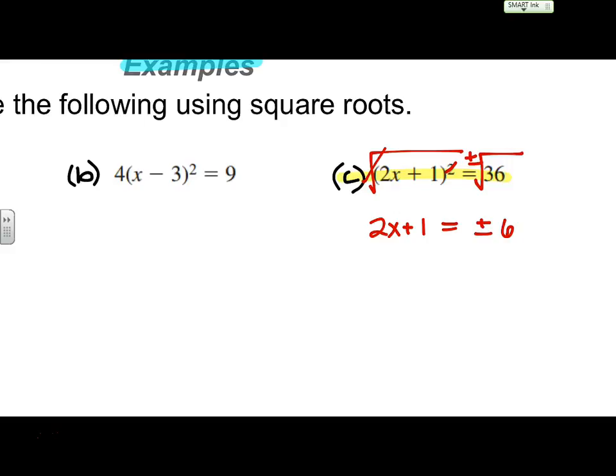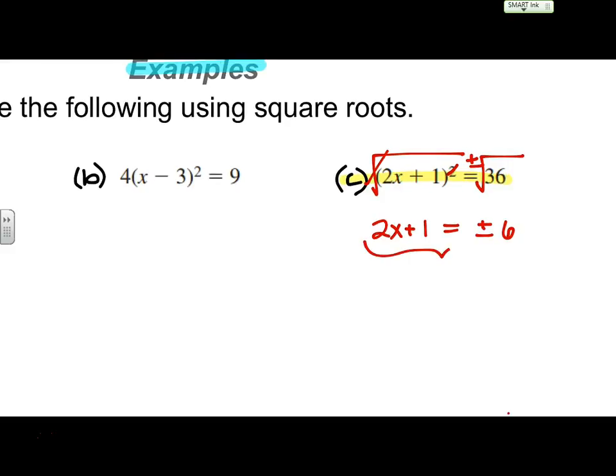Now, how many equations do I need? 2. Okay. So I'm going to go ahead and split this up into 2 equations because I can't deal with 2 numbers at once. So 2x plus 1 equals 6, or 2x plus 1 equals negative 6. My negative disappeared, so let's get it in there.